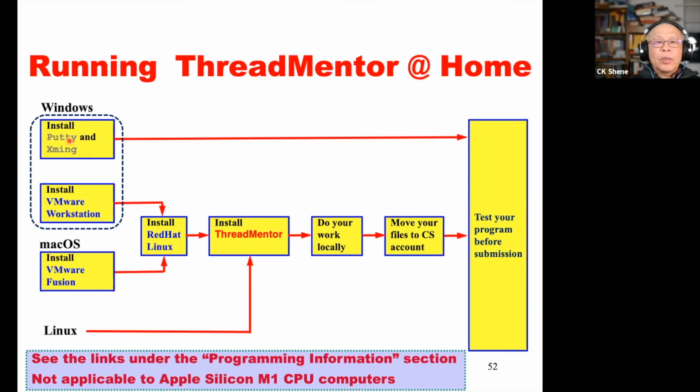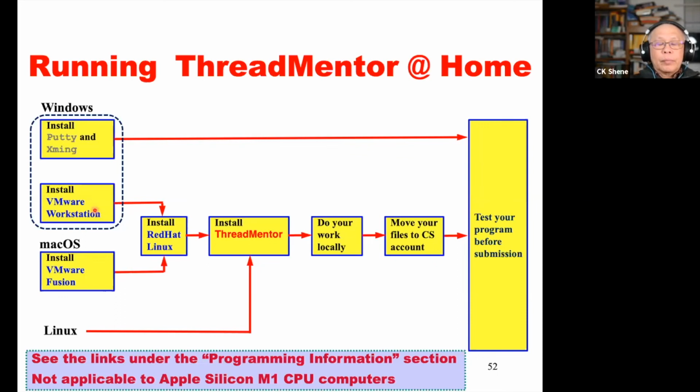So this is the easiest one to do. The second one is you install the VMware Workstation. VMware Workstation is for Windows, which is free for you to download from the university software download page.